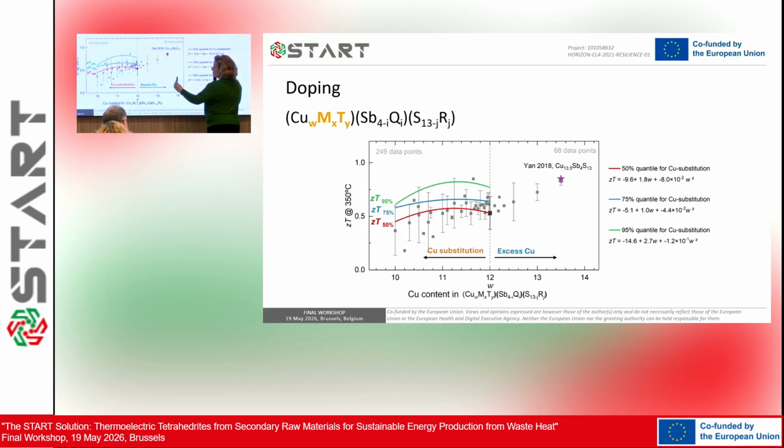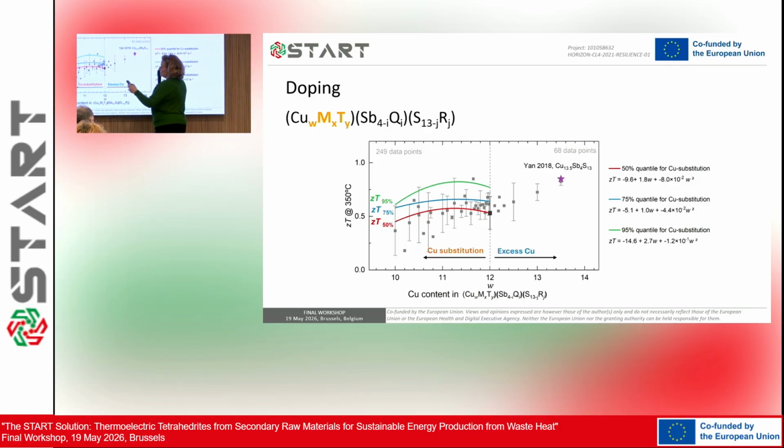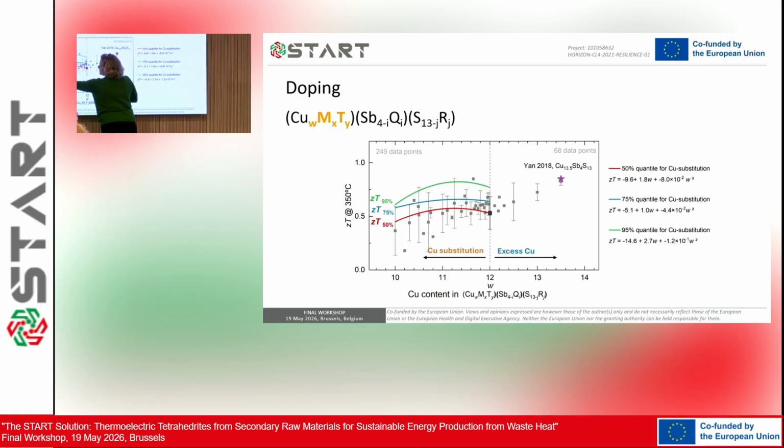And what you see is that clearly adding copper seems to be positive because the ZT seems to increase. But here is a huge mess. So what we have done was we tried to represent the quantiles.